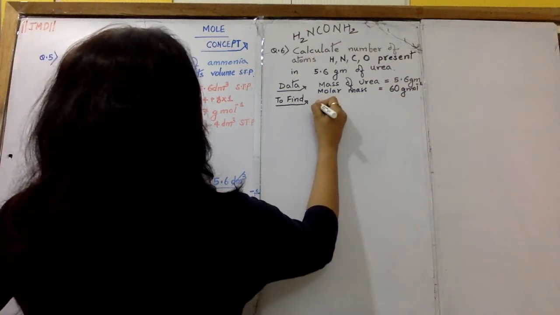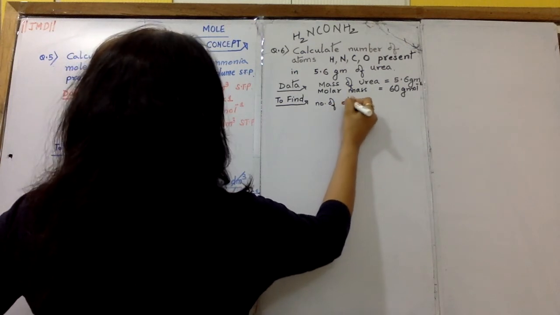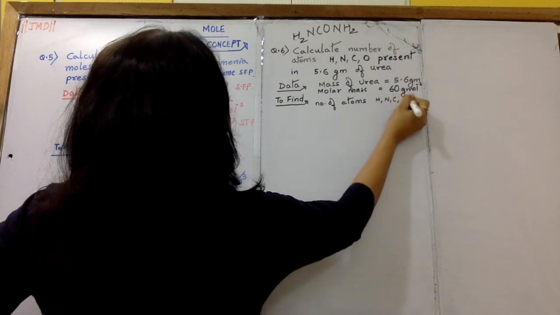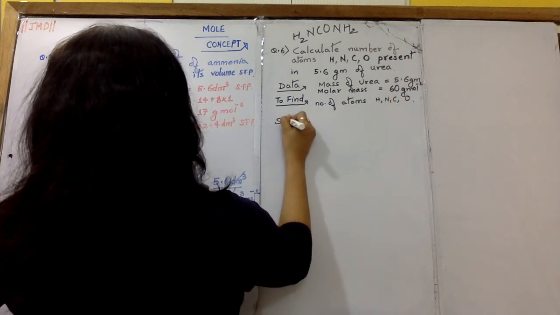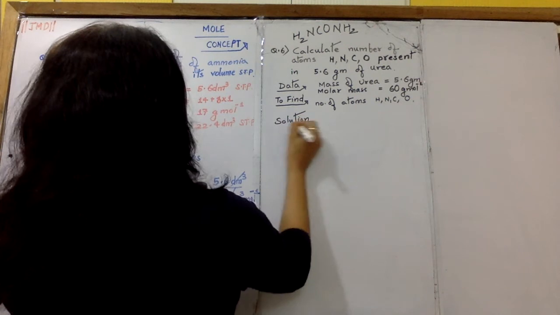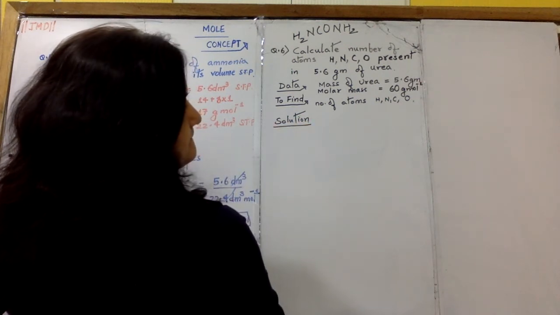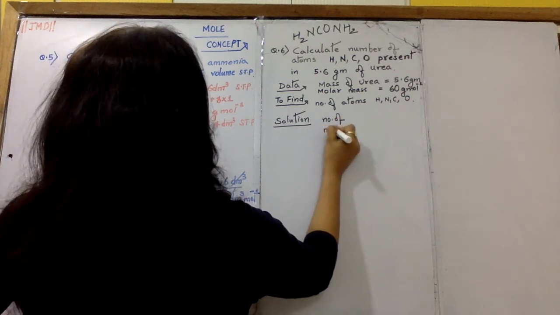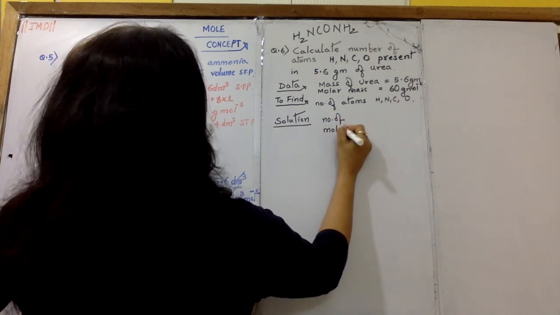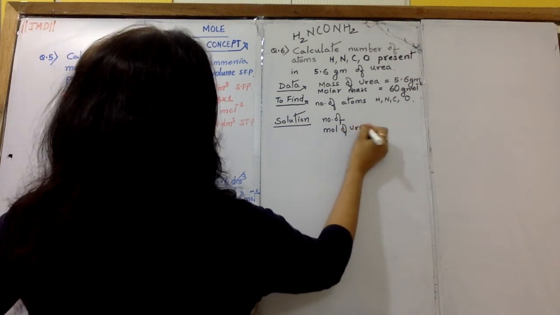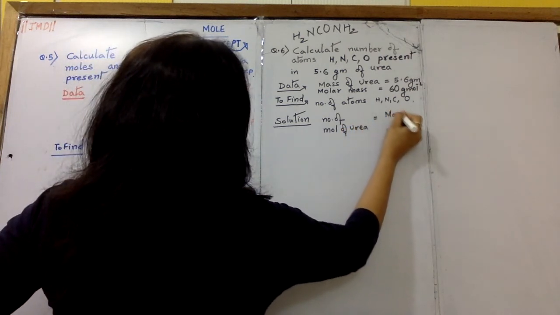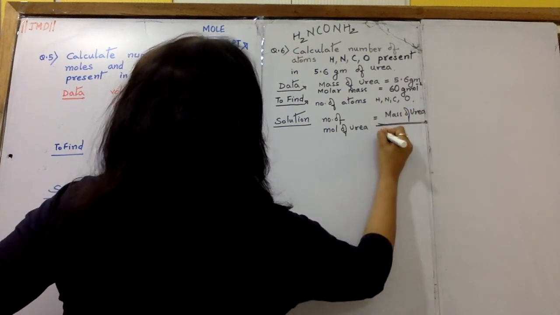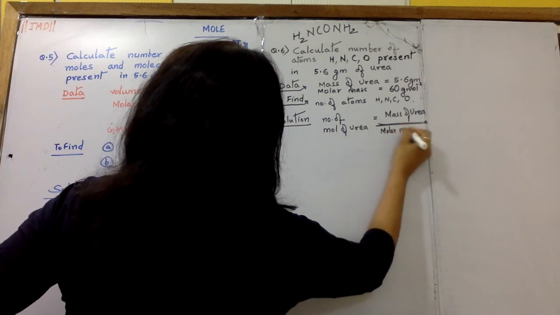Now to find the number of atoms, not molecules, number of atoms of H, N, C, O. Okay, solution. First of all, we find the moles. Number of moles of urea is mass of urea upon molar mass of urea.